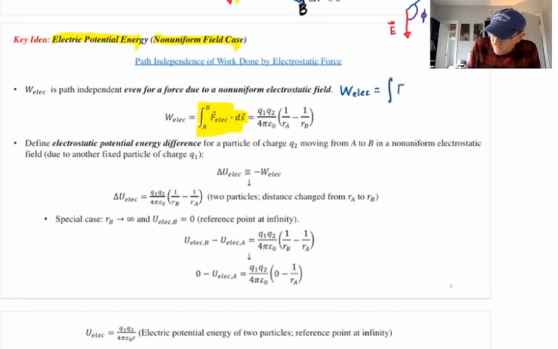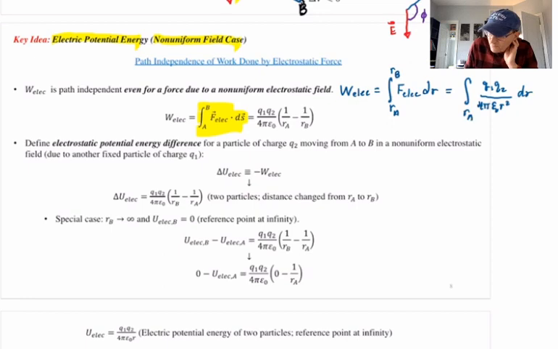you just take F electric times a little step size dr from the distance at point A from the origin, RA, to RB. And then you have the integral of Q1 Q2 over 4 pi epsilon 0 r squared dr from RA to RB.